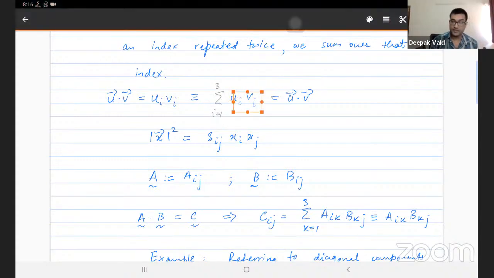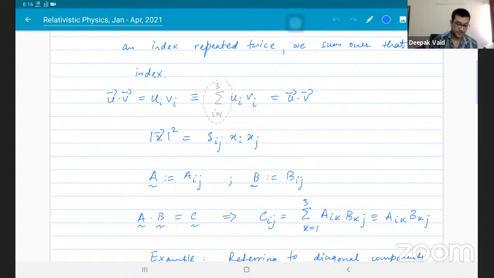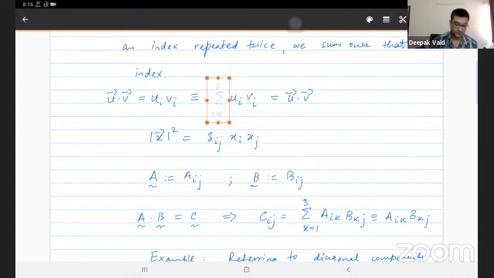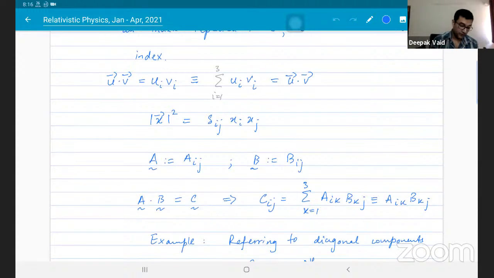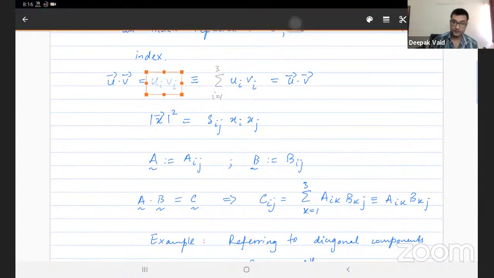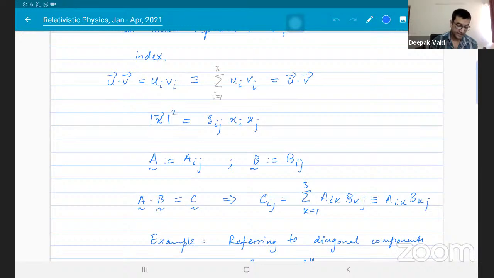Whenever you have repeated indices, it is understood that there is a sum. So if I want to write u dot v, I can just write it as u_i v^i. The fact that the i index is repeating twice means that I'm summing over that index.